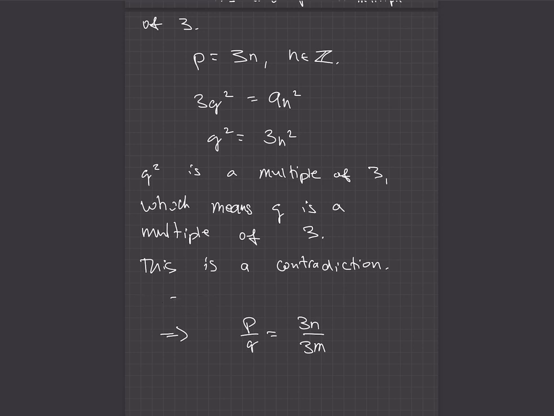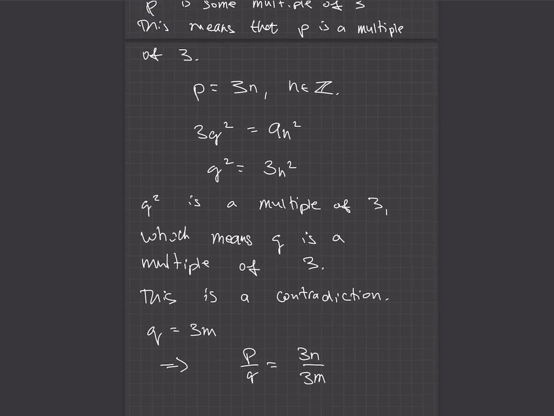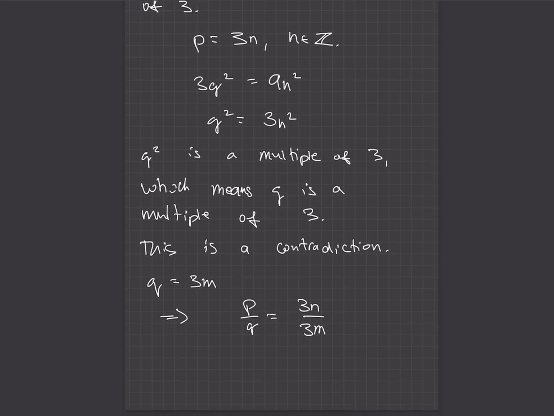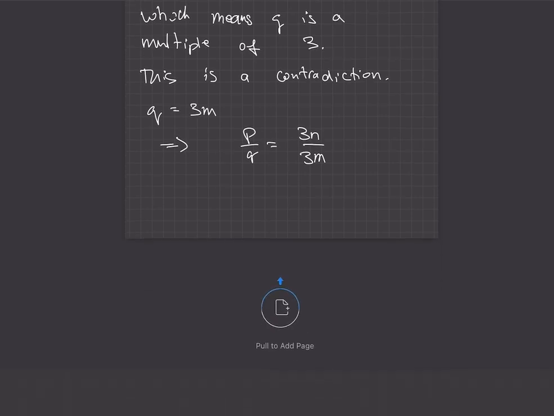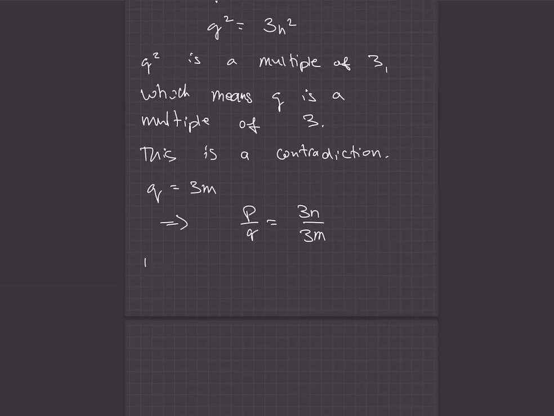But I think the cleaner way to do this is to say that they're both multiples of 3, and we assume them to be co-prime, to have no more common factors. So we've reached our contradiction, and therefore, by contradiction, we know that root 3 must be irrational.